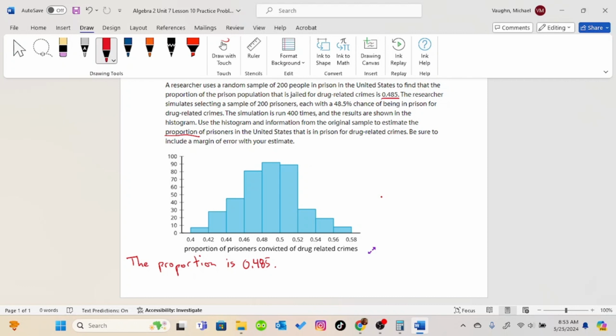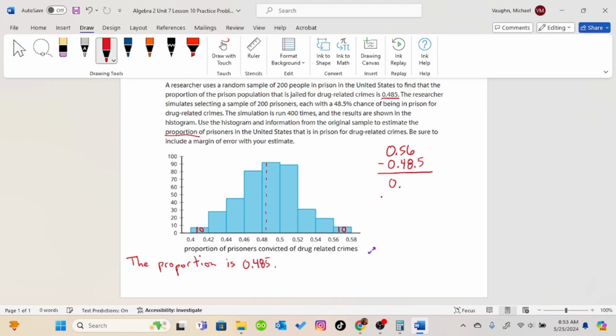Well, if you look, this bar down here looks to be about 10. And this bar on the other end also appears to be 10. And if we say that the proportion is 0.485, then it appears 2 standard deviations to the right would be 0.56 minus 0.485.